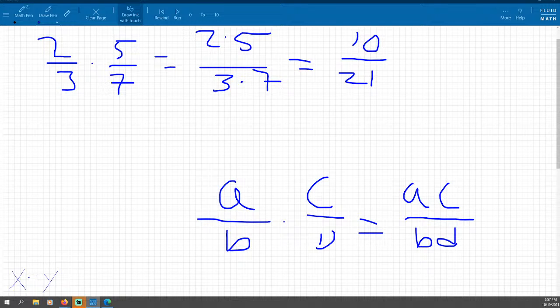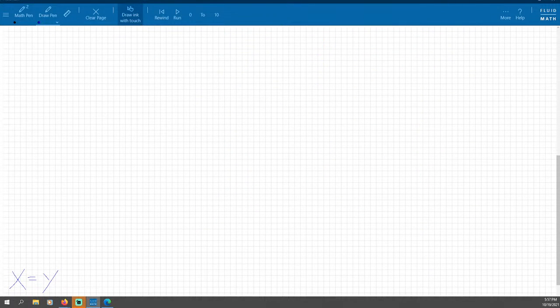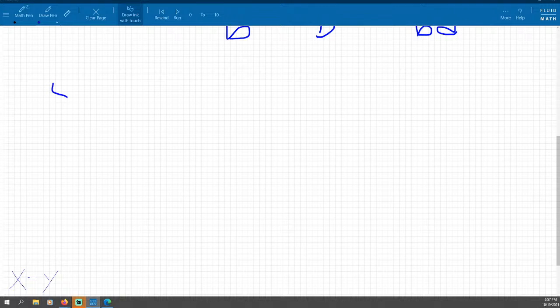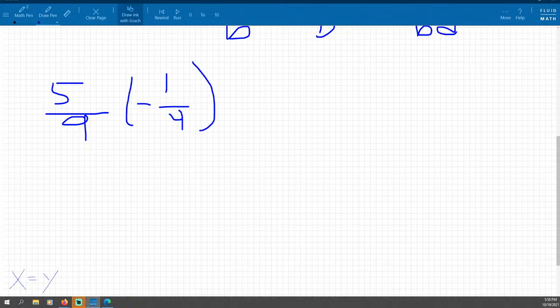So pretty straightforward on multiplying. Now let's do something a little tricky. What happens if you have this, 5 over 9? What are you going to do here?